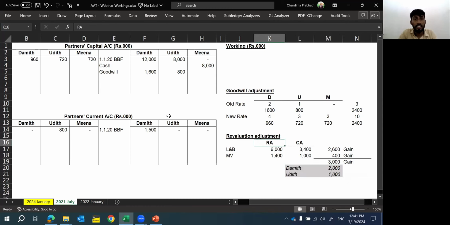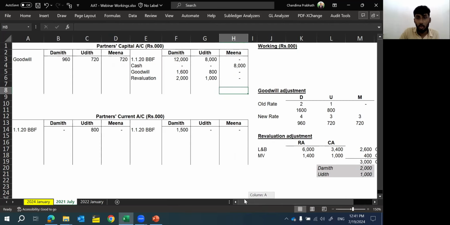So here, in the capital account, Revaluation: Damit credit 2,000, Udit credit 1,000. Done. The revaluation adjustment is also done now. Great.